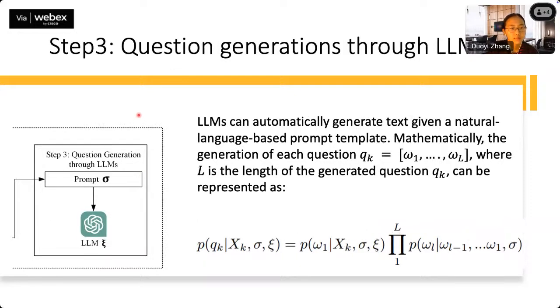The last step is question generation through large language models. Large language models can automatically generate text given natural language-based prompt templates. Mathematically, we consider the generation of each question QK, where L is the length of the generated question QK, and omega 1 till omega L represent the output tokens of the large language model.